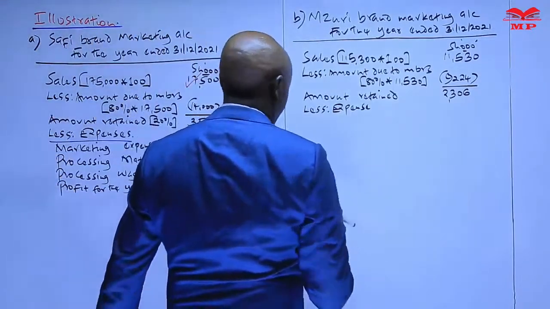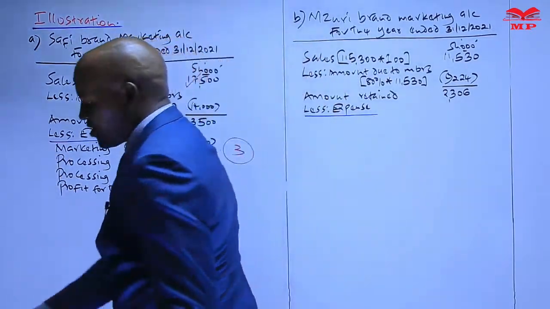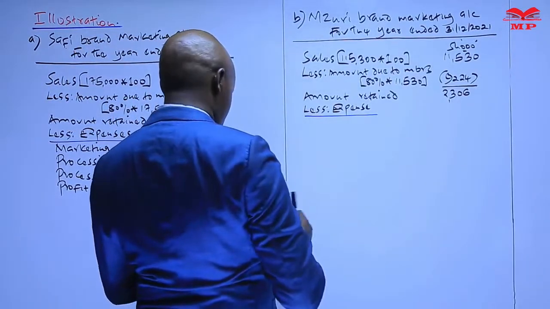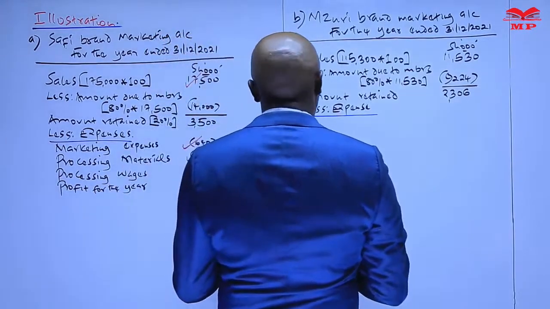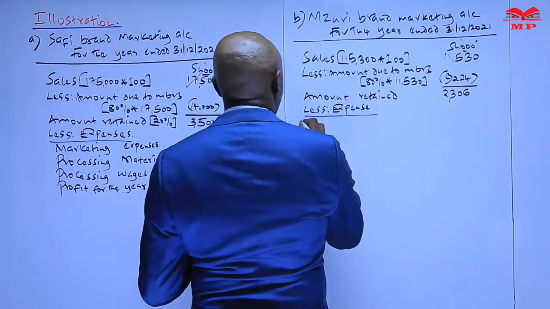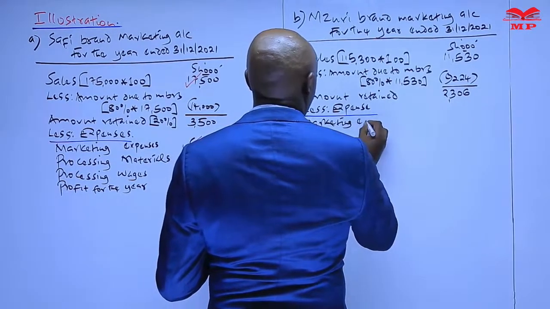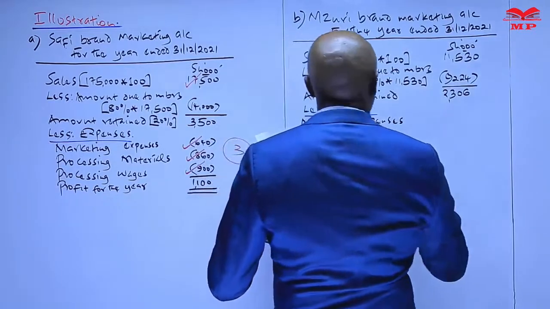And we are also given those particular expenses. Those expenses are given in our trial balance there. So what we just need to do is to record them here. So we have marketing expenses, an amount of 150.